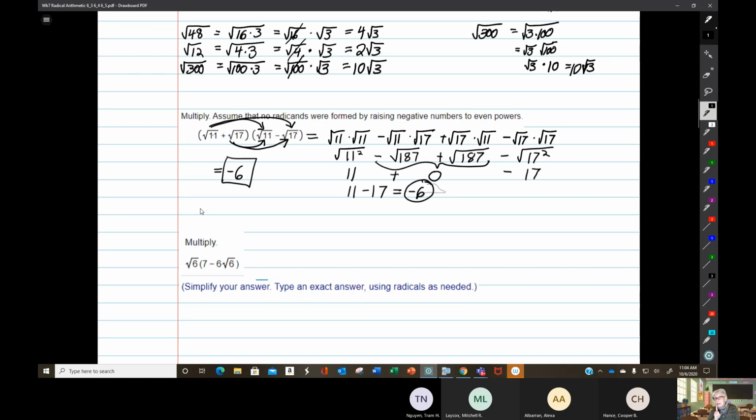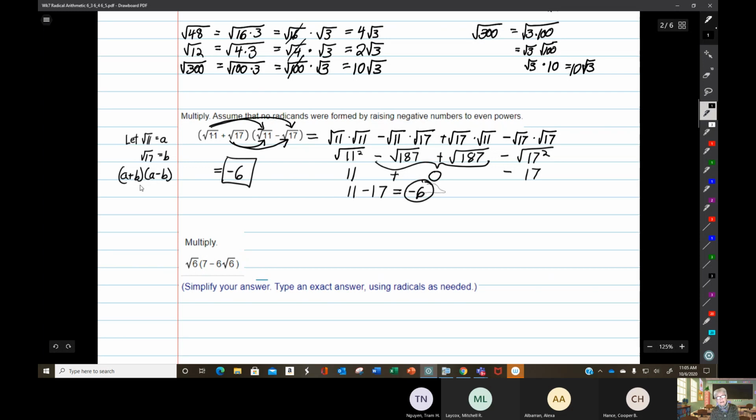Now, if you take a minute and notice, if you let the square root of 11 equal a, and the square root of 17 equal b, then this is in the form of a plus b times a minus b.